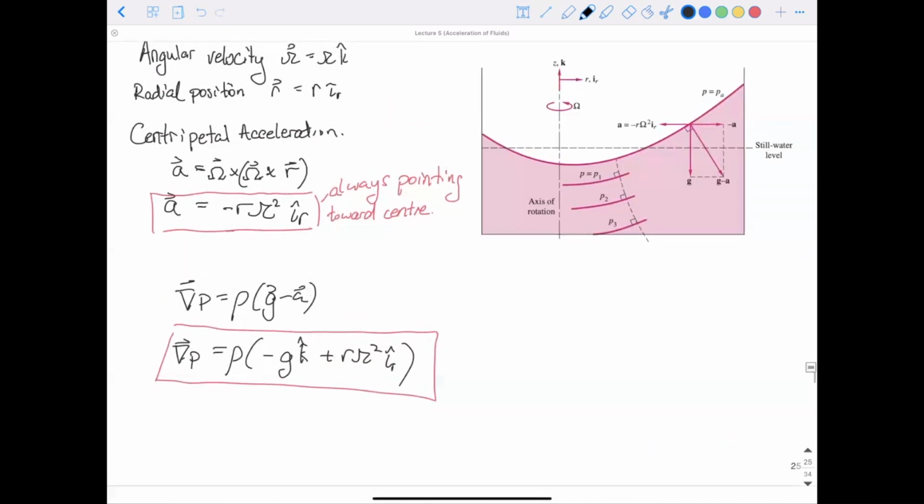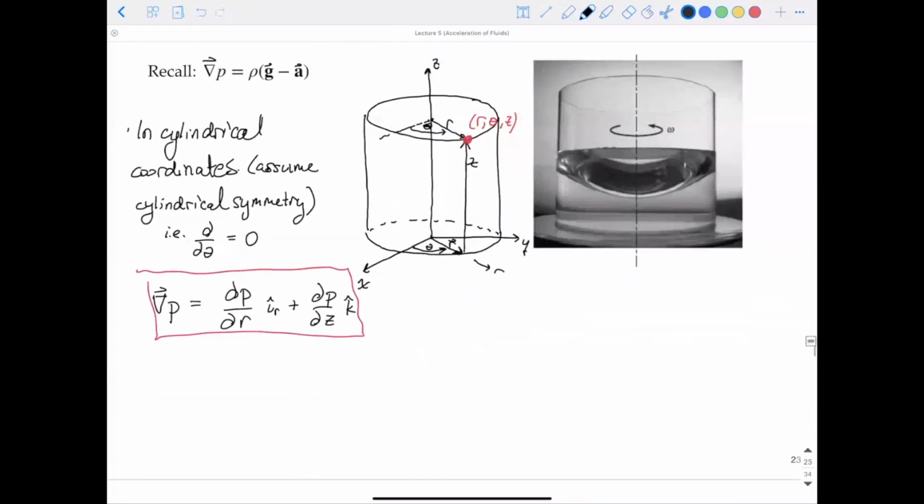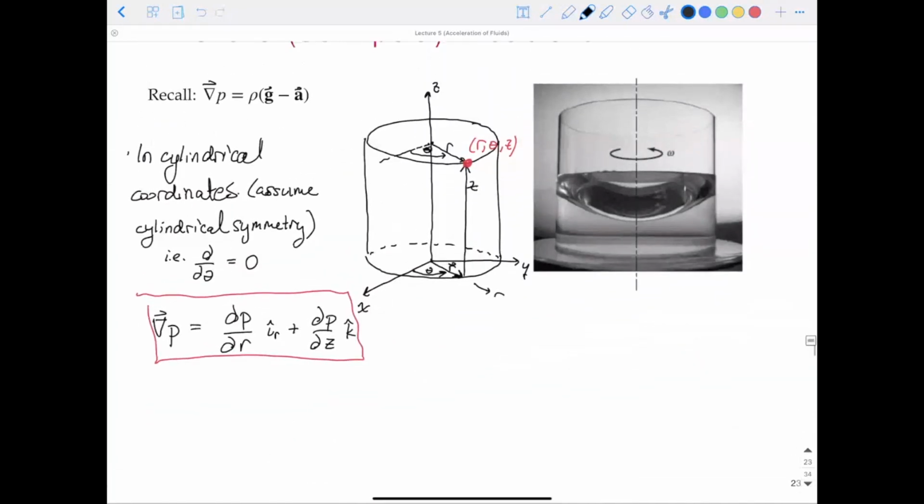So remember, if we go back up, we wrote somewhere this form of the equation. When we wanted to write this in terms of our cylindrical coordinates, we knew we would have some term that was pre-multiplying the radial coordinate and some term that was pre-multiplying the vertical k direction or z-axis coordinate.